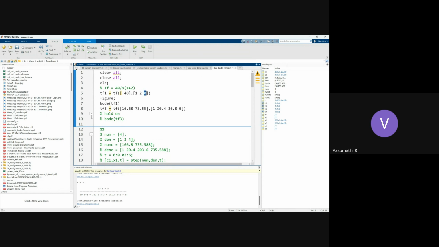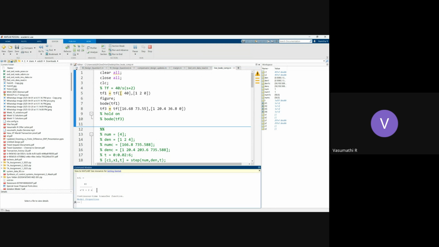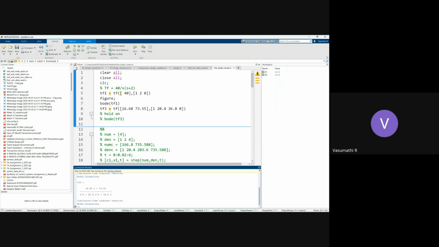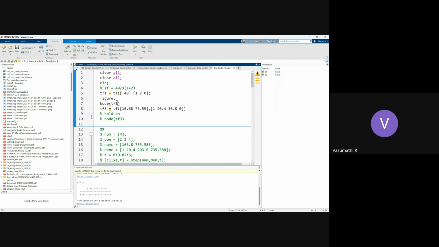So you would see 40 by s square plus 2s here. Right.